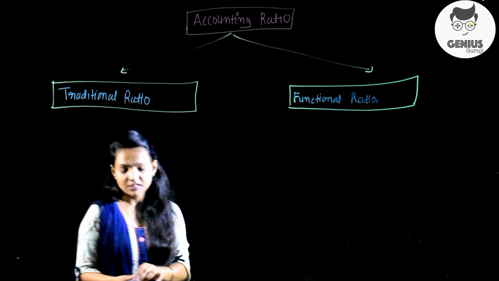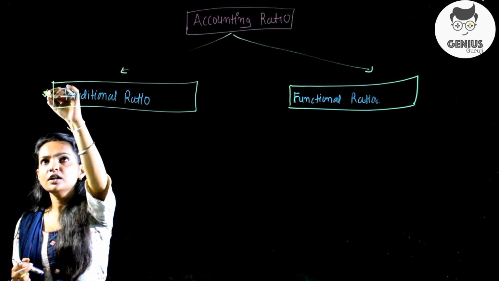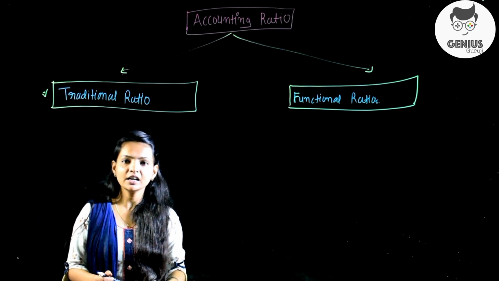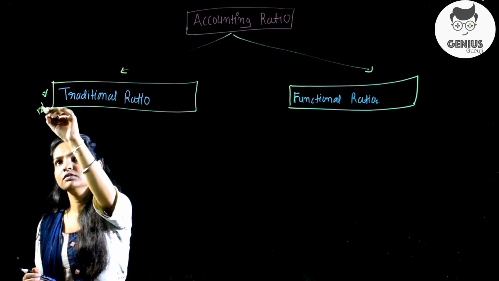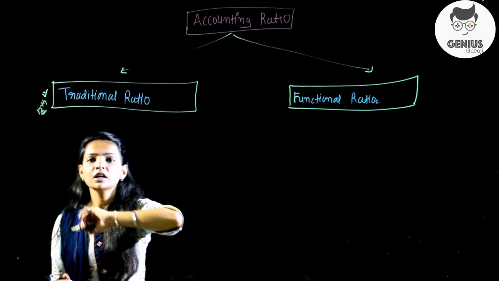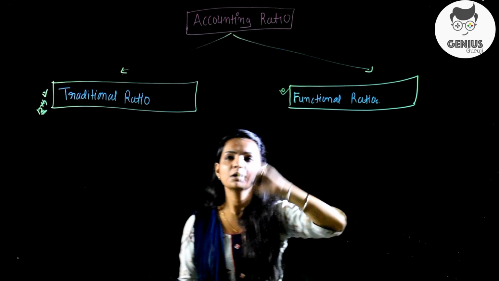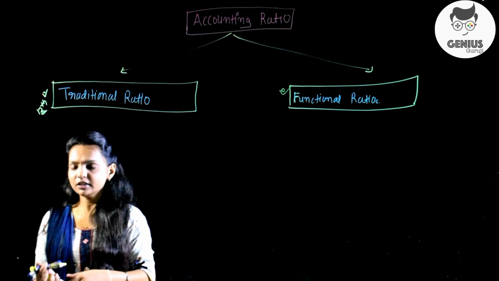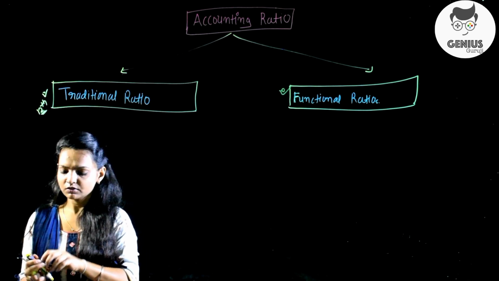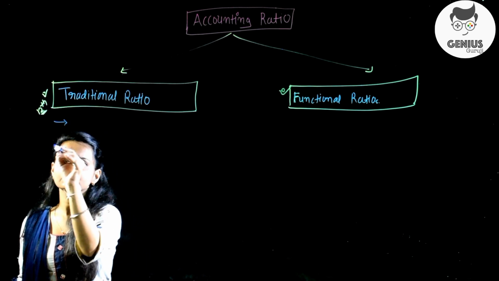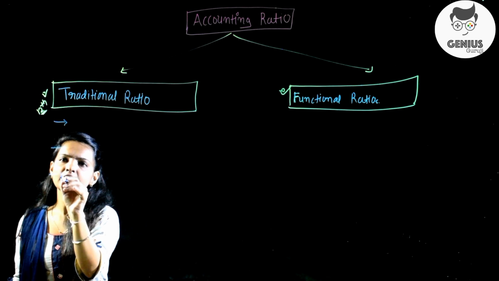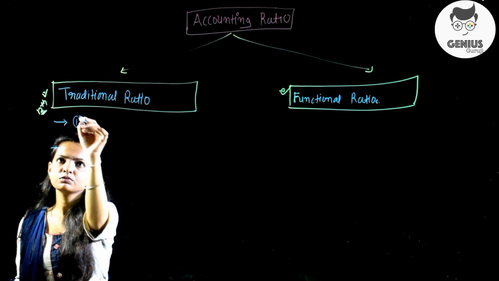This traditional ratio is an older concept which you have already learnt in 12th standard. In the syllabus we have to discuss this portion, but we will discuss it also. In this, there are three types of ratios.